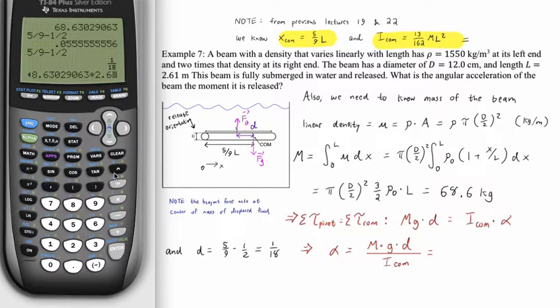Oh, got to change our mode back. This is when we do want a decimal. So 37.2 kilogram meter squared.